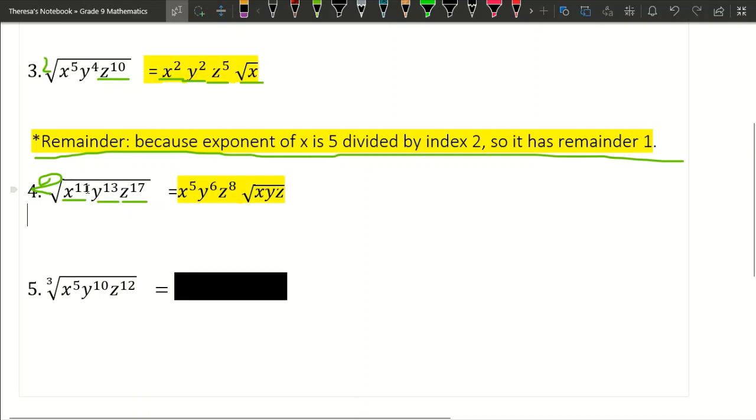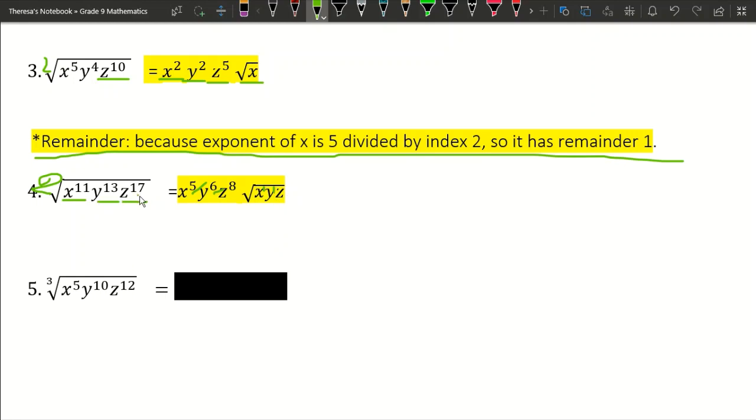Okay? Kasi 11 divided by 2, that is 5. And we have remainder 1, or x. Okay? And 13 divided by 2, that is 6. Diba? 6 times 2 is 12. So, meron pa rin siya natitirang 1. So, we have remainder 1, kaya mayroon y dito sa loob ng ating radical sign.